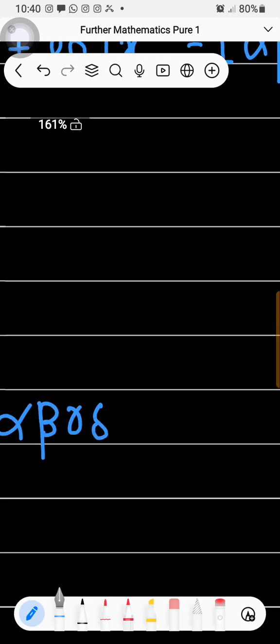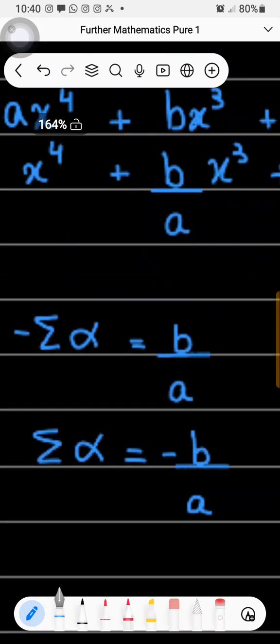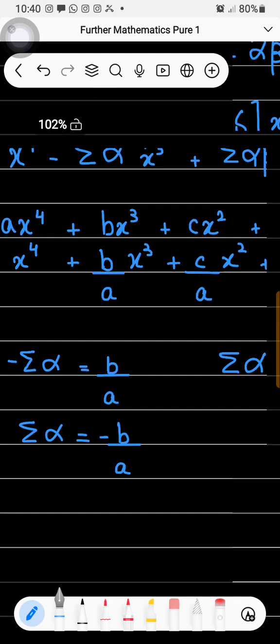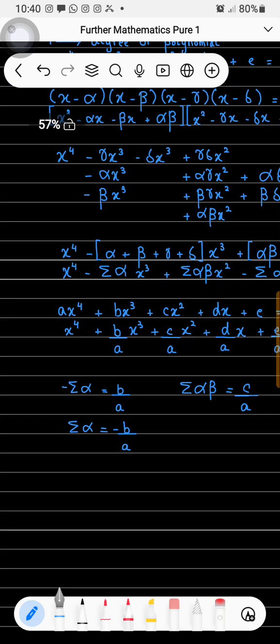Alpha beta gamma delta is equal to E upon A. So if we notice, we compared just coefficient of x power 4 with the coefficient of x power 4. We compared coefficient of x cube with coefficient of x cube. We compared coefficient of x square with coefficient of x square. Then we compared coefficient of x with coefficient of x.